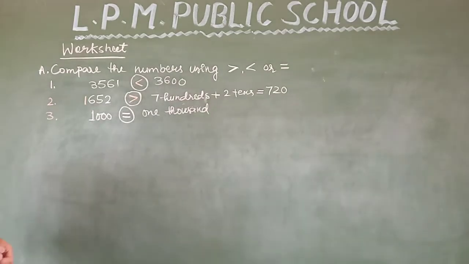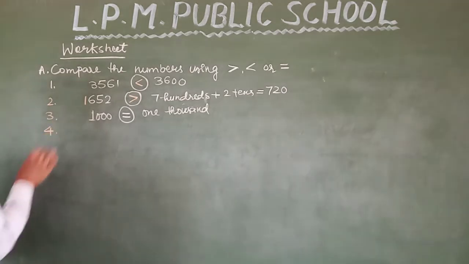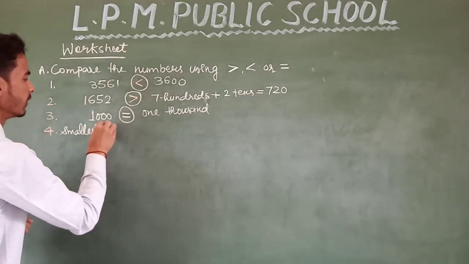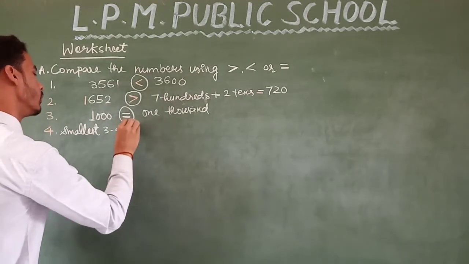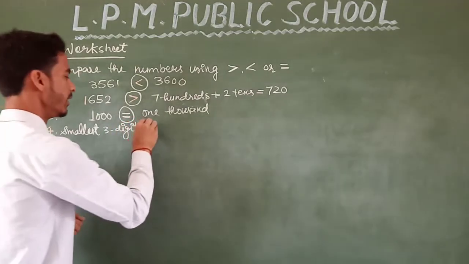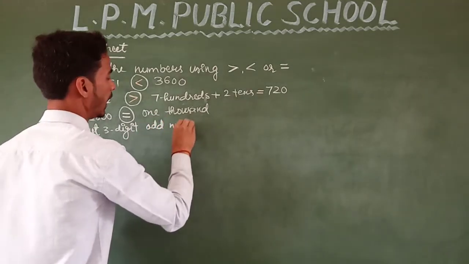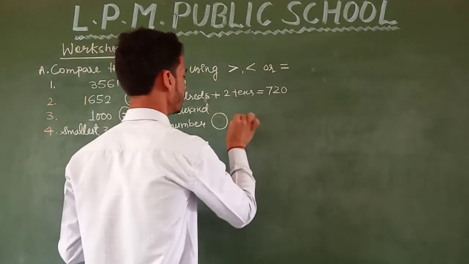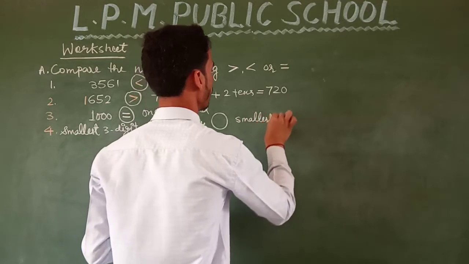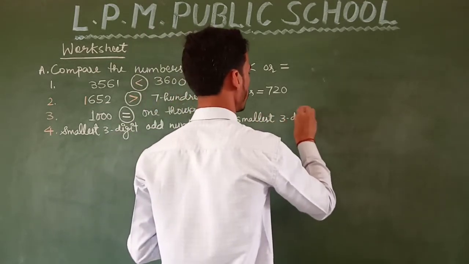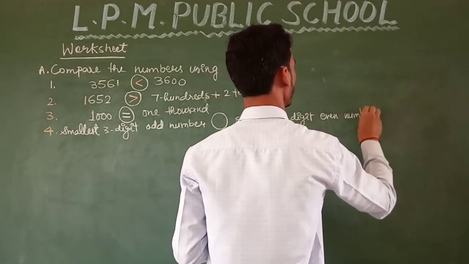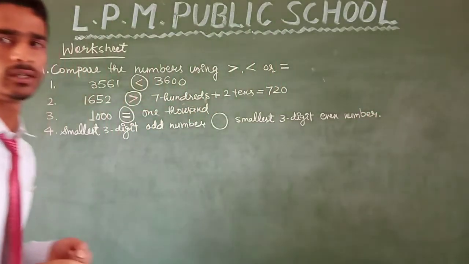Okay, and the next question is: compare the smallest 3-digit odd number and the smallest 3-digit even number.